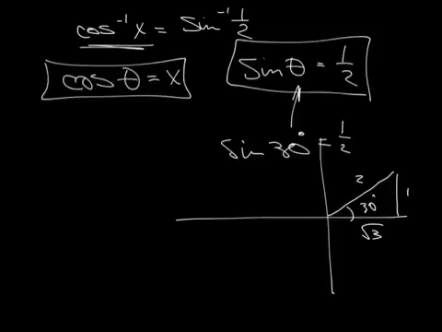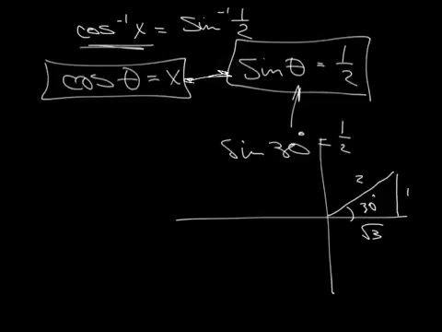Now I mentioned that sine can be positive in the first or second quadrant. The problem is, these two are going to have to be the same. Well, cosine is not positive in the second quadrant, so that makes us stuck in just the first quadrant. Where sine and cosine are both positive is only quadrant 1.